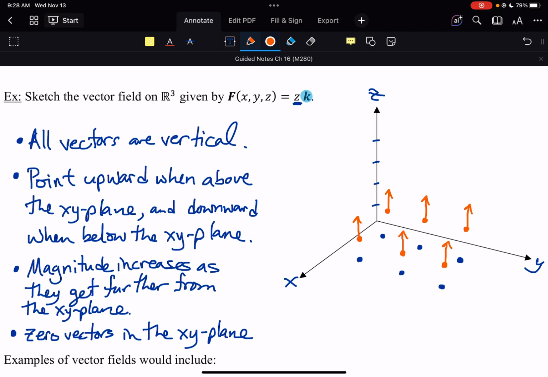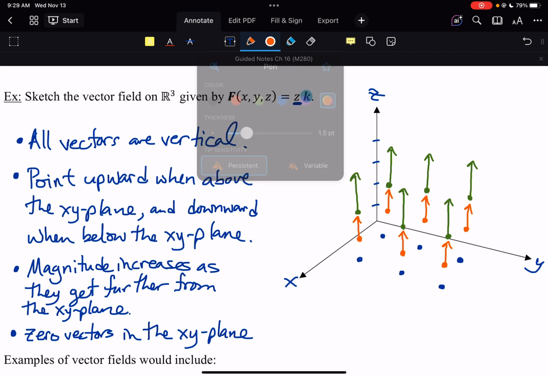If we go up 2 units, we're going to get vectors that start at a height of 2 and they go even longer. So we get this general idea, and then et cetera, et cetera.